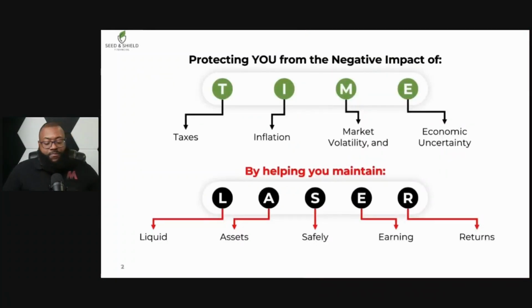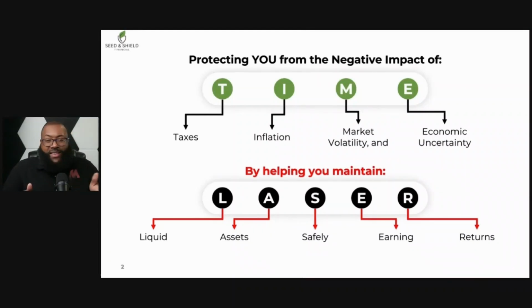All right, so the thing that is really special about an IUL is that it protects you from the negative impacts of what's called TIME, right? It's an acronym, and the acronym stands for taxes, inflation, market volatility, and economic uncertainty, right? Now, we can all agree that those things will have a big impact on retirement. There's no dispute, right?